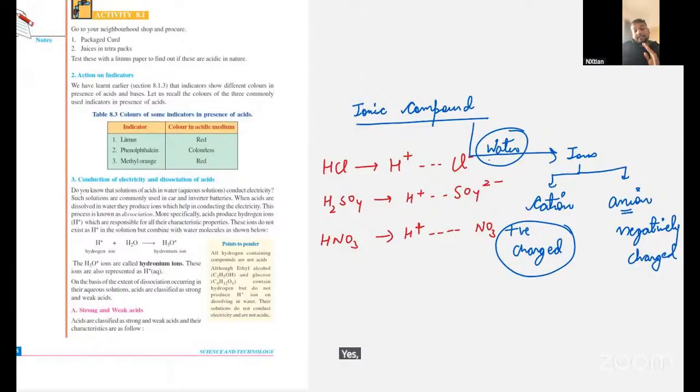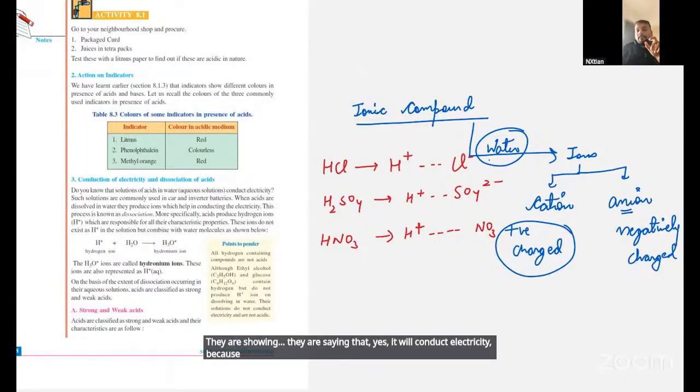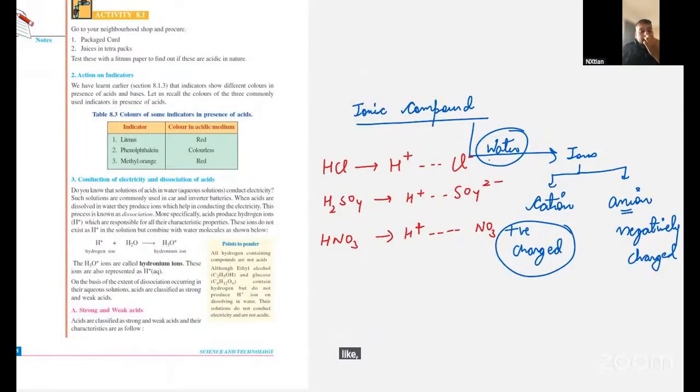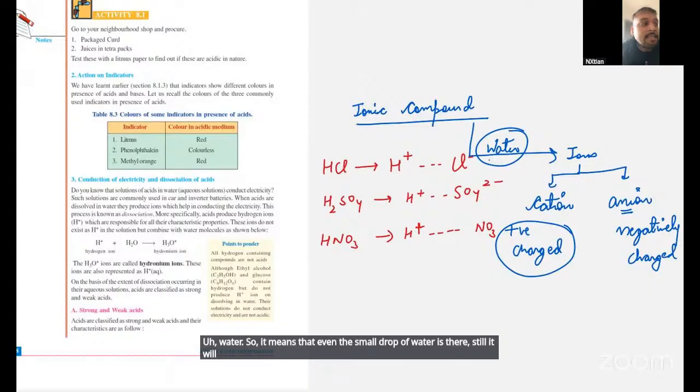Yes, it won't conduct electricity. But if I write conc. HCl, they are saying that yes, it will conduct electricity, because conc. HCl is 99.9% acid, but 0.01% is water. So even if a small drop of water is there, it will still conduct electricity because ions will form.